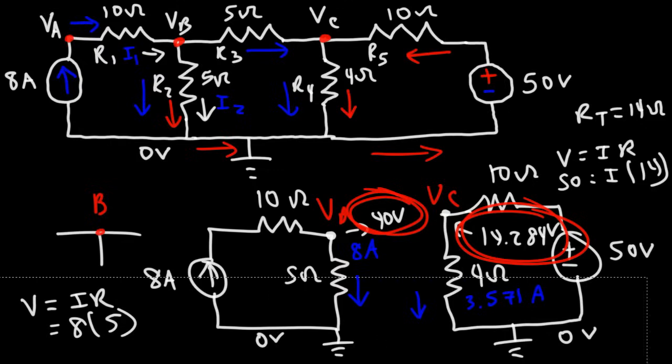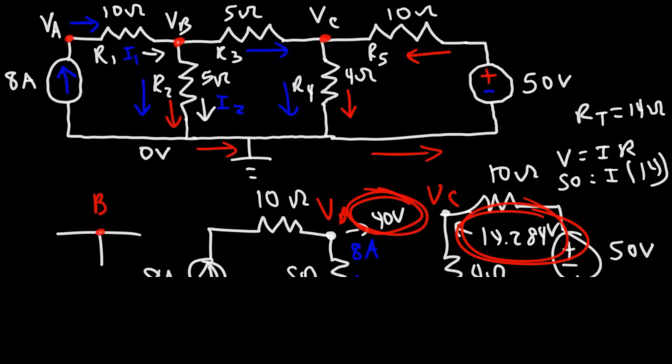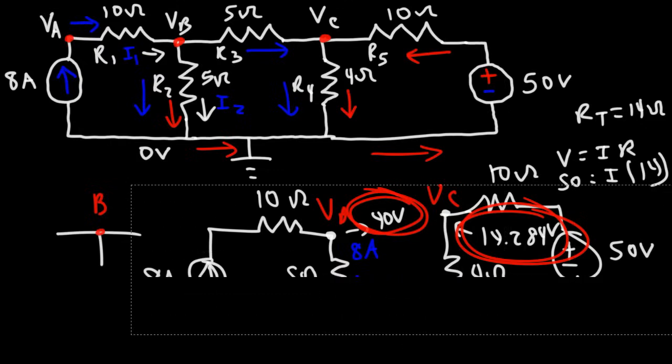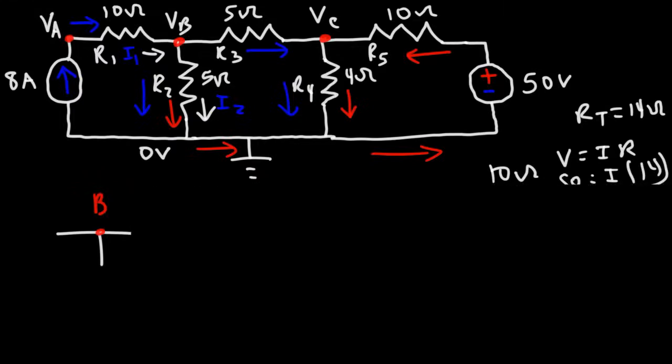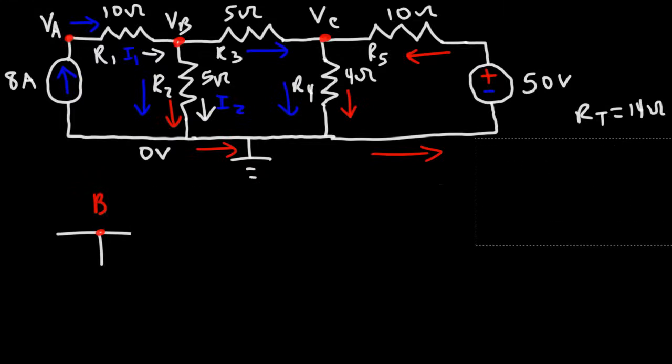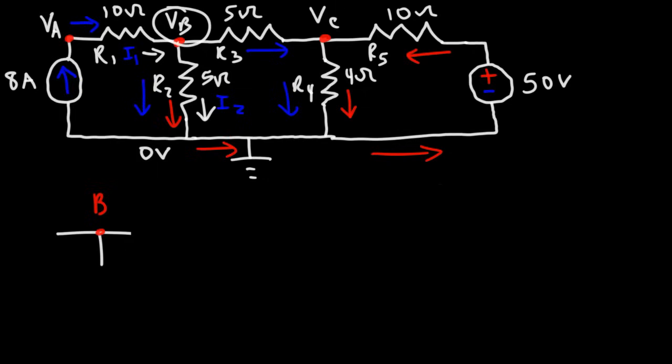So now we have everything we need in order to solve this circuit. So let me just clear away a few things. Focusing on point B, current 1 is flowing towards that node, so we're going to give it a positive value.